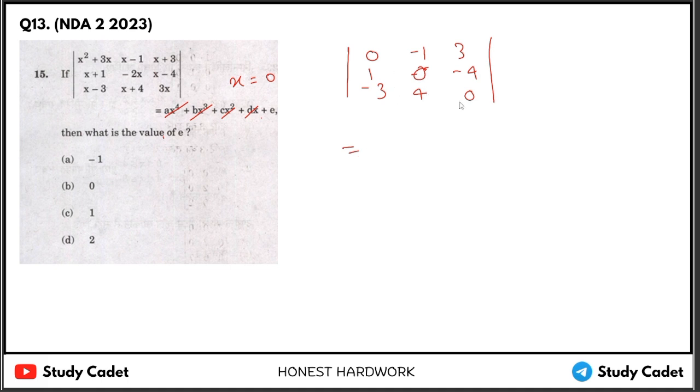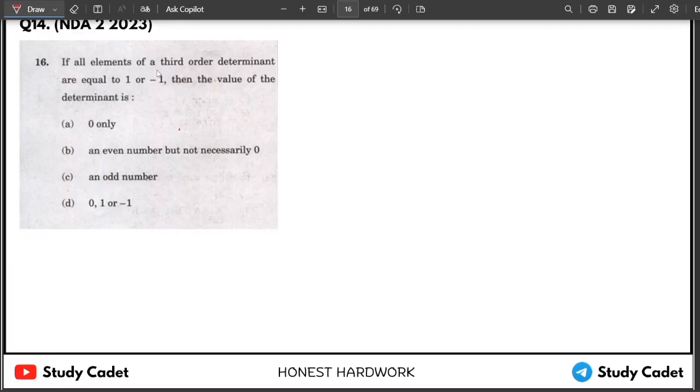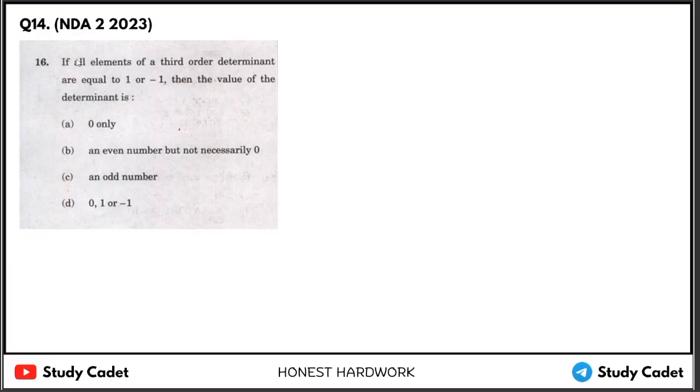Determinant value 0. We can clearly see it is a skew symmetric matrix, so the determinant value will automatically be 0, so the value of E will be 0, right? Very easy questions are asked.